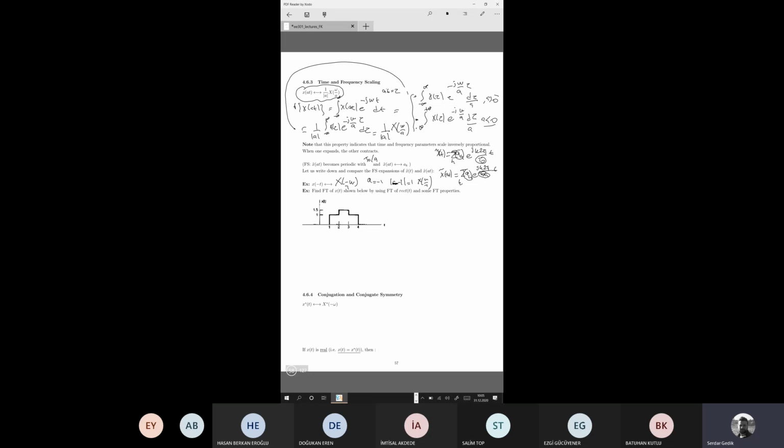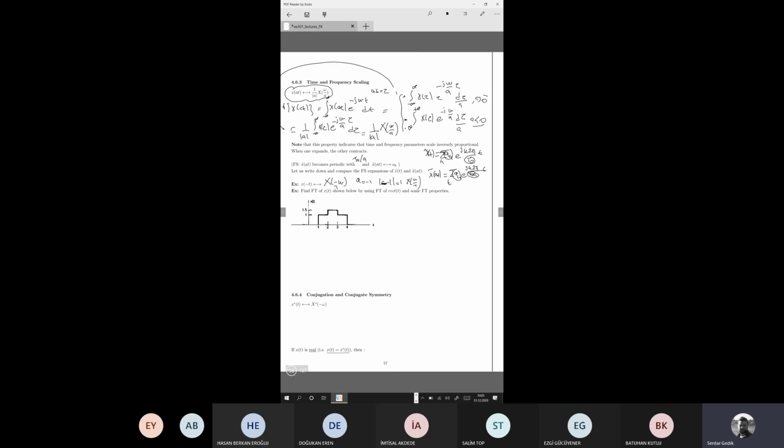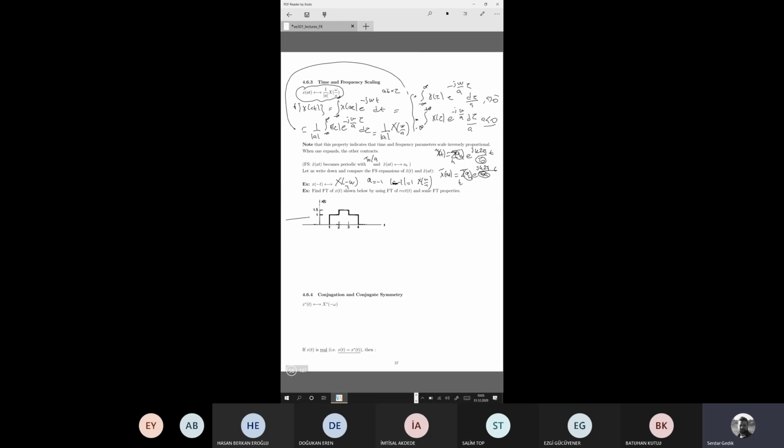So this x of t is a combination of some rectangular pulses. First one is rect t. Let me draw here rect t. So this is my rect t. This is 1, this is 1 over 2, this is minus 1 over 2.